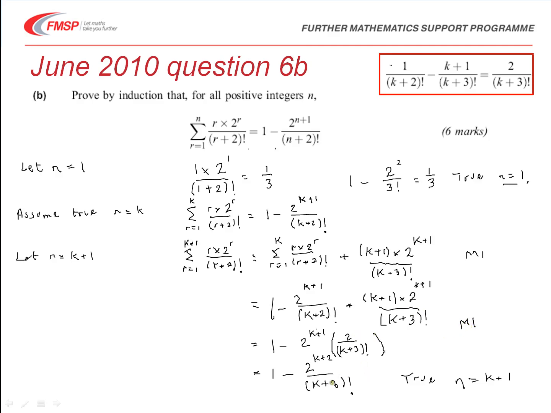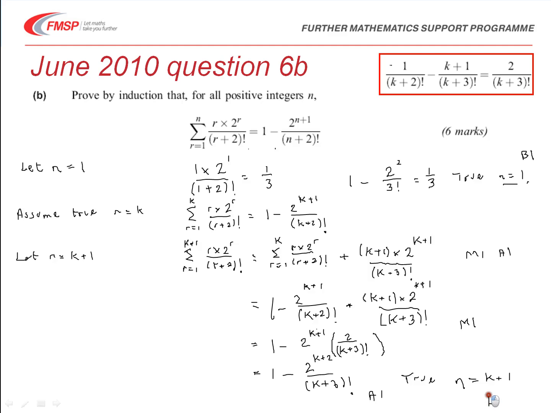Obtaining this correct form here and the answer part here, there will be an answer mark for that. Showing it's true for n equals 1, there'd be a mark for that one, showing that clearly. This part here, when I gave a method mark, there would also be an accuracy mark there for having the correct forms of each of the fractions in there. And finally, there would be 1 mark for setting out the method of induction properly so that it is fully explained.